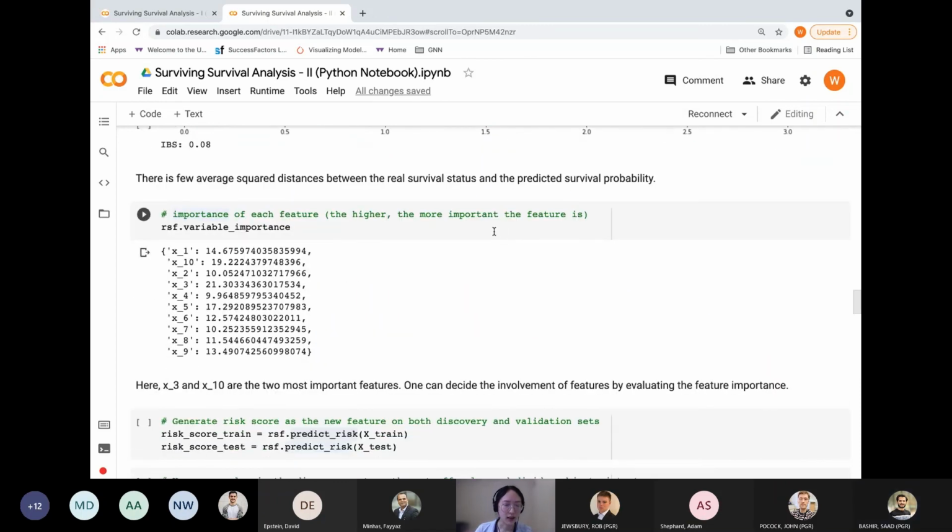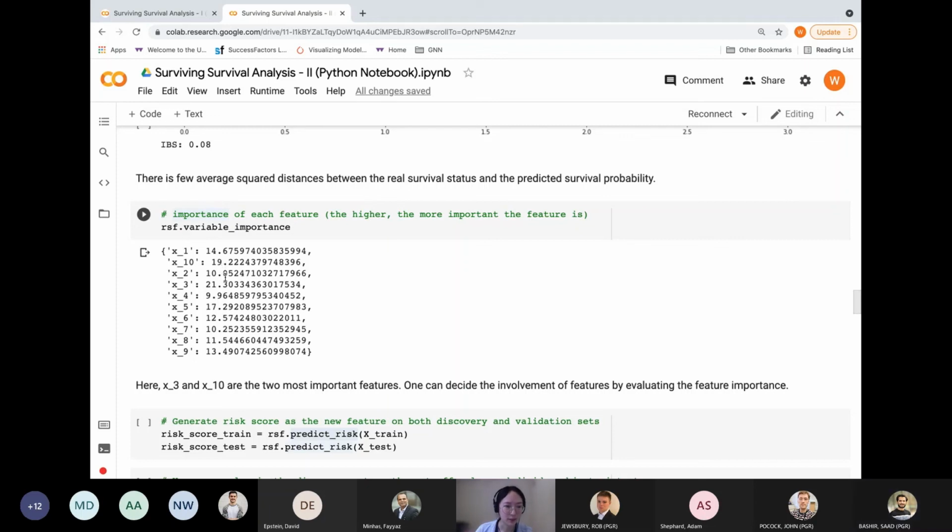And here you can also get information like the feature importance on this fitted model. So here you can see for each feature, there is one value, and the higher value means this feature is more important.